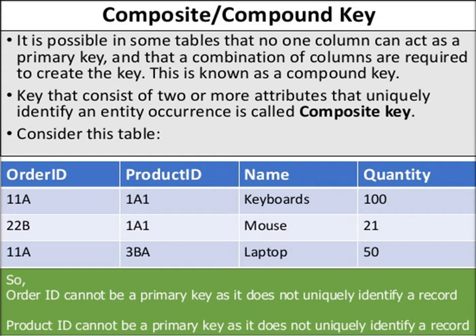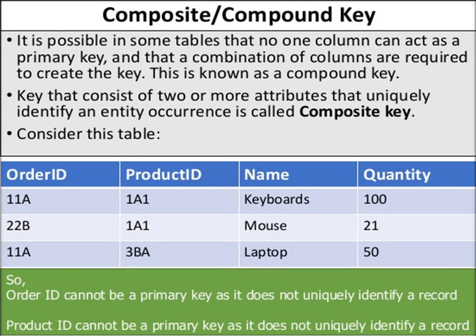But if we see the values of order ID, there are duplicate values. Similarly, product ID again has duplicate values. Name and quantity we cannot choose as a primary key because the chances of duplicate values in these fields are higher. Now, order ID cannot be a primary key, and product ID cannot be a primary key.